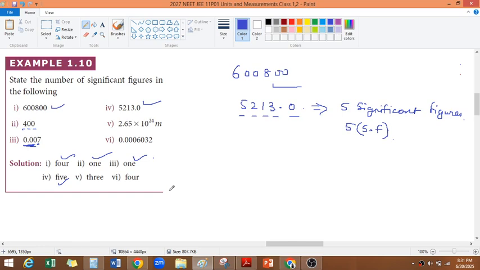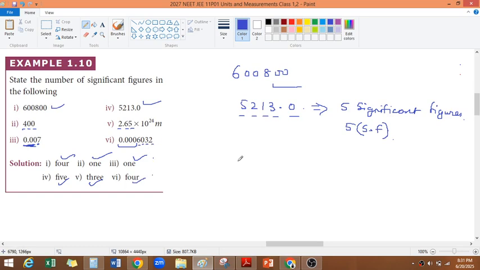So this is slightly confusing initially, but as you do some problems it will become easy, so don't worry about it. Here you can see 1, 2, 3, so that means 3 significant figures. Here, as I told you, you have to ignore the zeros, so it will be 6032. So 1, 2, 3, 4, that means 4 significant.